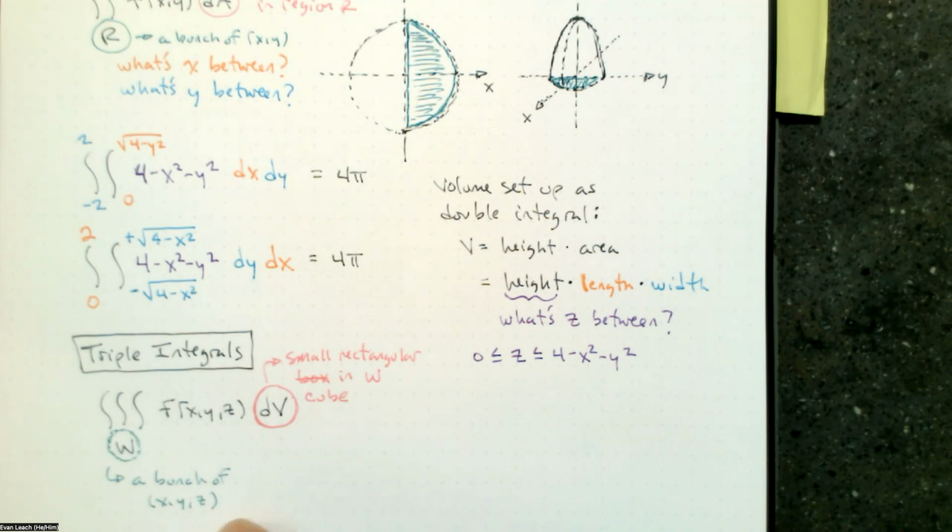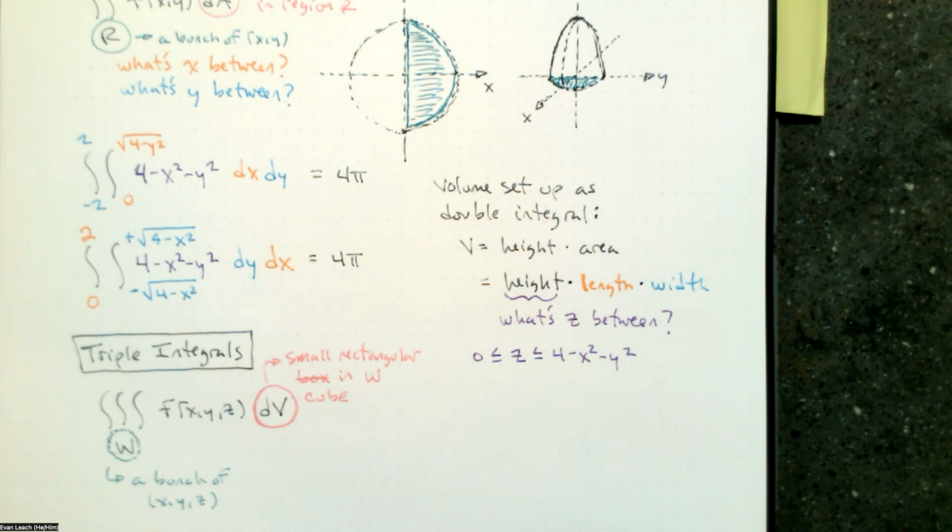So this bunch of x, y, z, these are the x, y, z's that we're going to be plugging into the expression f of x, y, z times dV to get us whatever we're trying to calculate. And so the integral part is describing what values we need to plug into our function times dV.